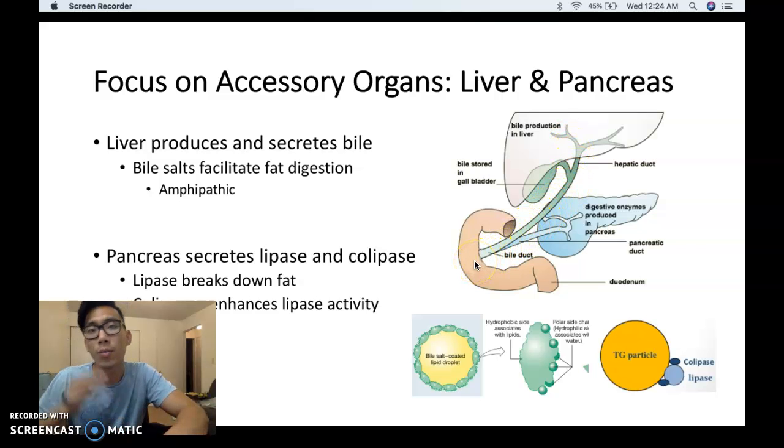The gallbladder's role is to store excess bile, and when the human consumes fats or fatty foods, the bile that gets stored in the gallbladder can secrete out, travel down the bile duct and into the duodenum, which will allow for more bile salts for further fat digestion.